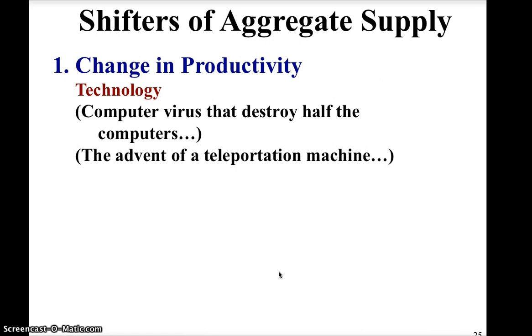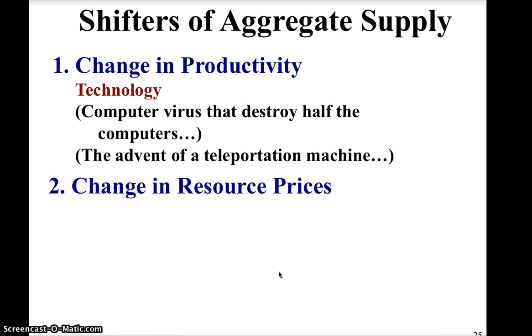If a computer virus exists that destroys half of the computers in the United States, well, guess what? Aggregate supply is going to shift to the left. We're not going to be able to produce as much. However, if we invent a teleportation machine and people can get around faster, aggregate supply is going to shift to the right.